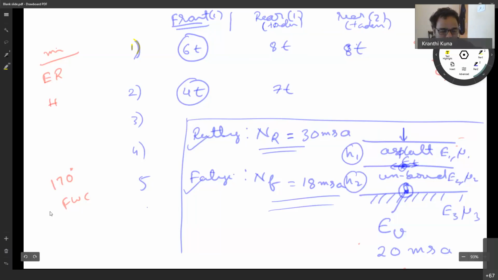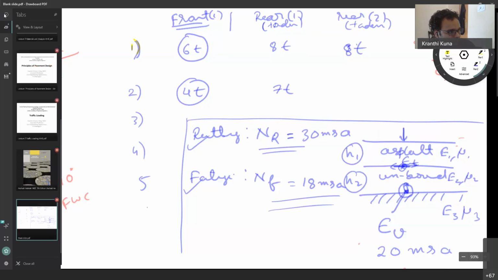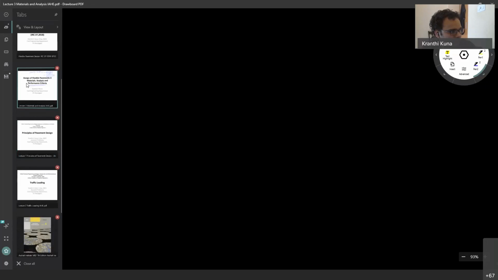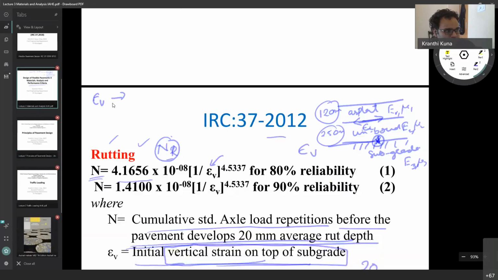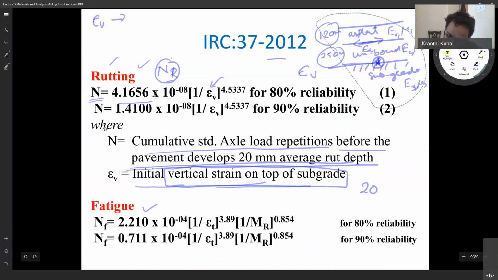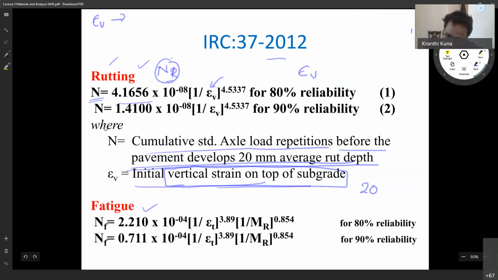Now coming to what exactly reliability is. Reliability levels you choose based on which type of pavement you are considering. Say for example, if you are considering national highways or some state highways with heavy traffic, you choose the equation for 90% reliability.